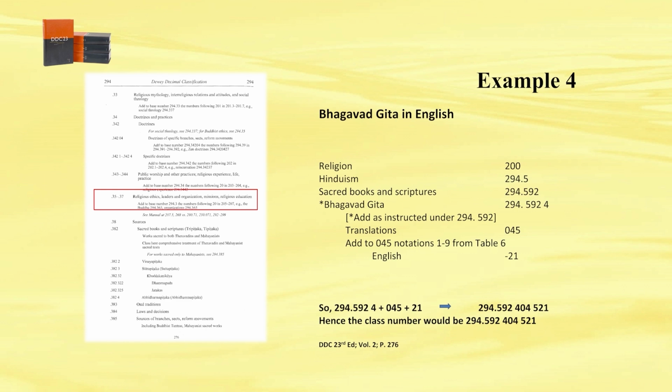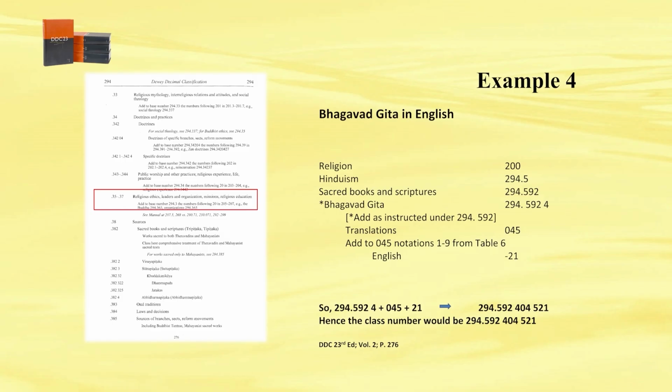There we have found the number for translation is 045. So there is an extended subdivision under 294.592, and from there we can use the translation 045.